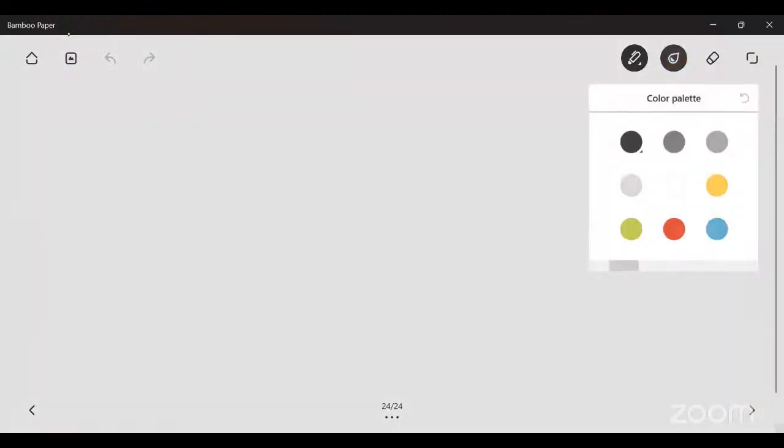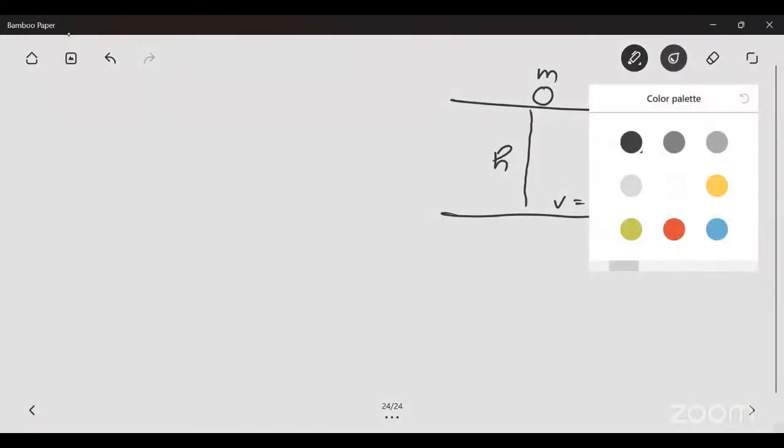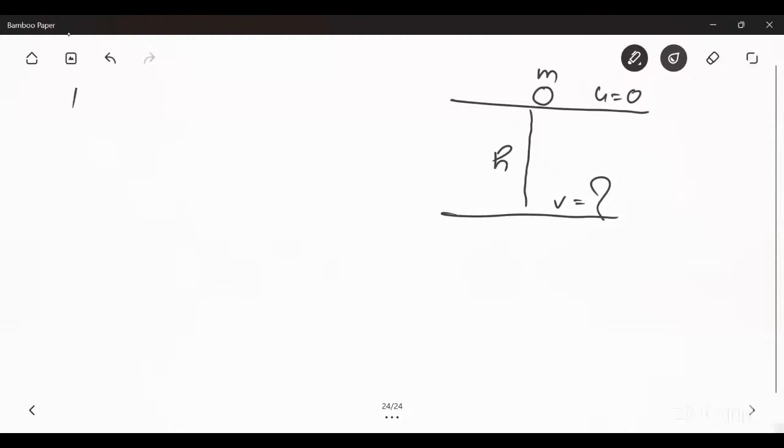So that was a body which was taken at height h from the surface of earth. It has mass m. Initially its velocity is 0 and the final velocity we do not know. So initially its potential energy is mgh and its kinetic energy is half mv square. Okay, now consider the motion of the ball when the body is falling. What will its final velocity be?